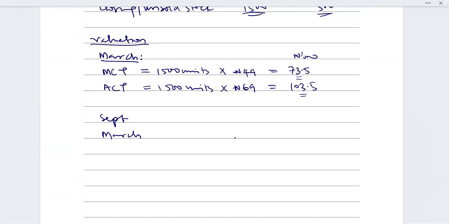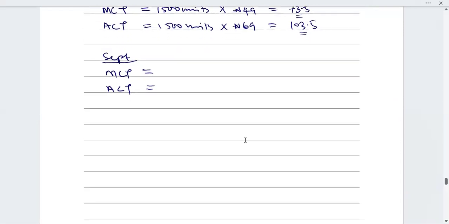Under September, I have MCT, then ACT. We'll come back to that later, but first thing first, working number 2. Let's determine the fixed production overhead.